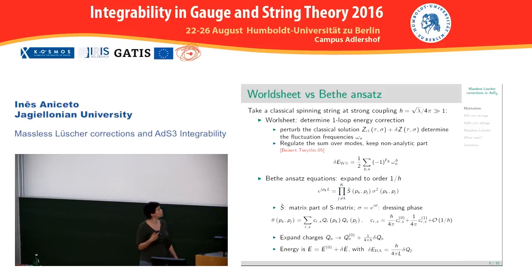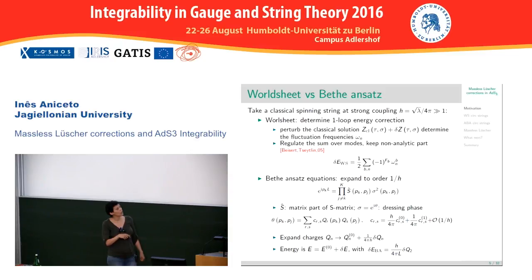From the Bethe ansatz point of view, you can also expand the Bethe ansatz to order 1 over h, meaning you start with the Bethe ansatz where you have a matrix part of the S matrix and some dressing phase. The dressing phase typically is given at leading order by the typical AFS phase, and then some subleading correction with the coefficient C1, and these are basically the conserved charges.